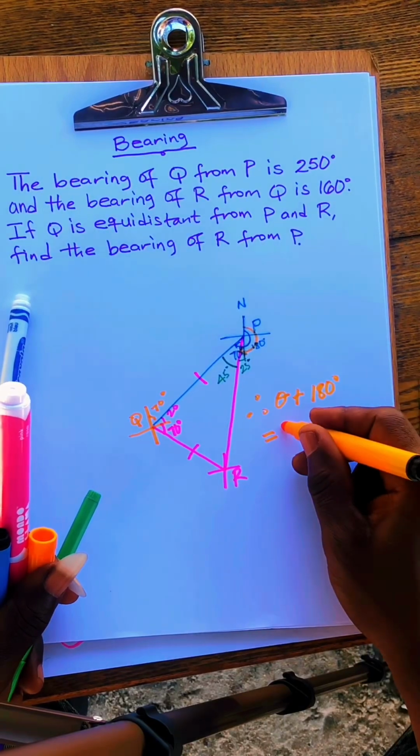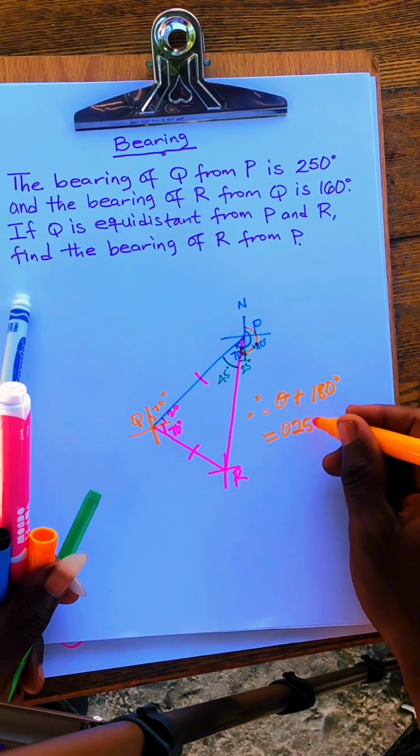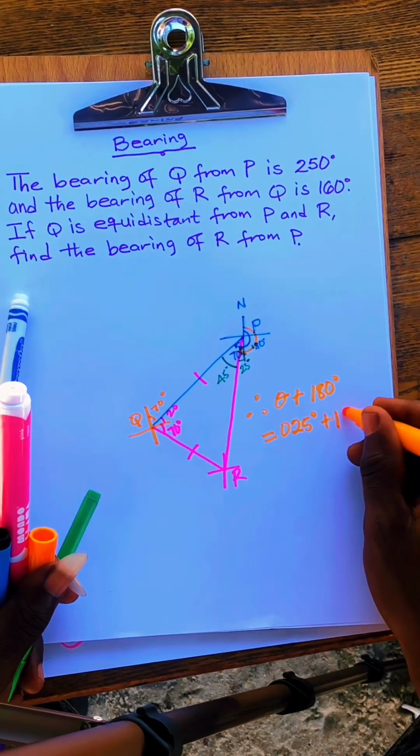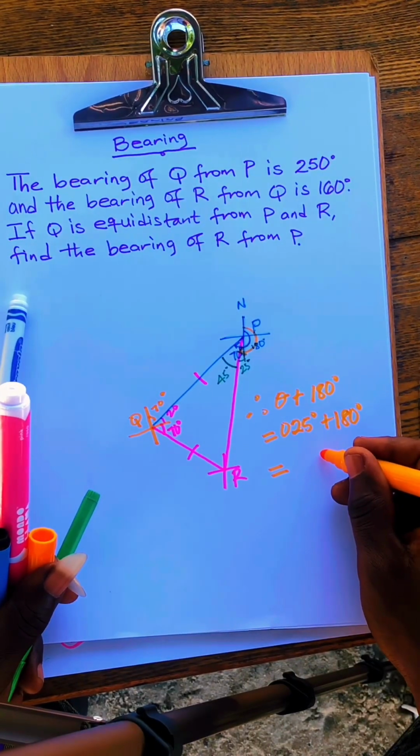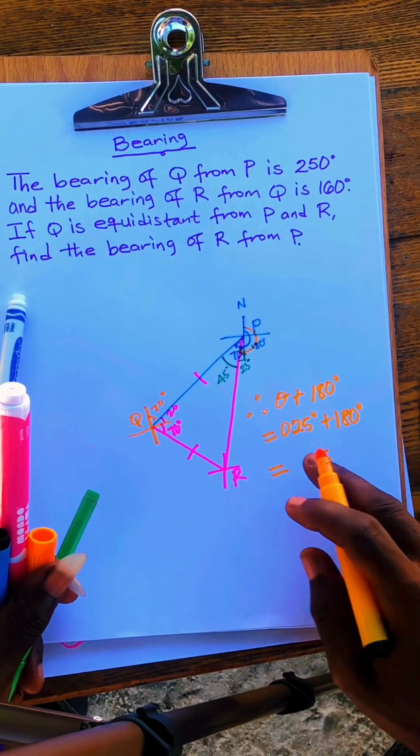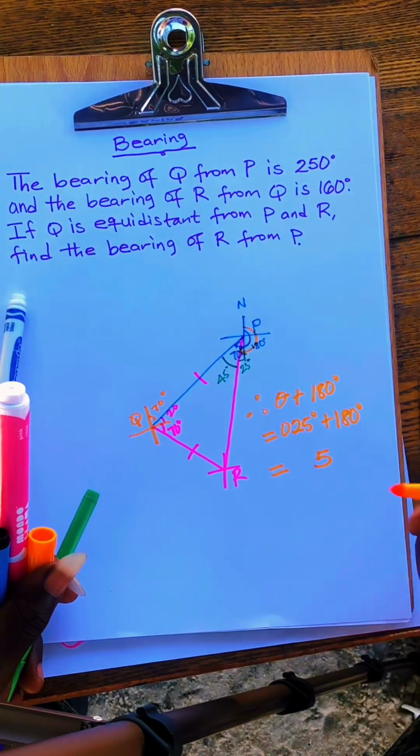So theta plus 180 degrees gives us 205 degrees. 205 degrees will be our result, that is, we are doing the addition.